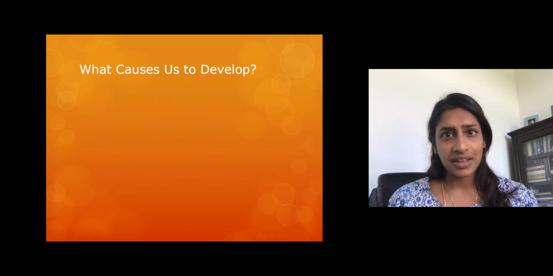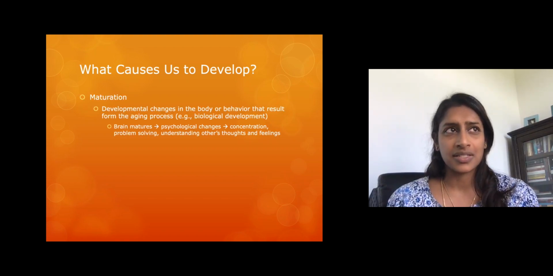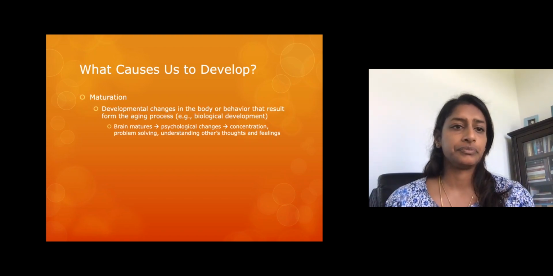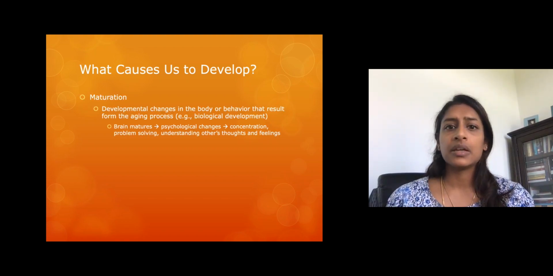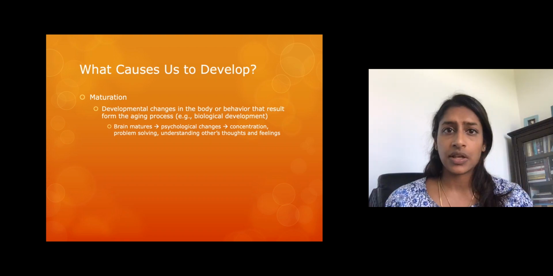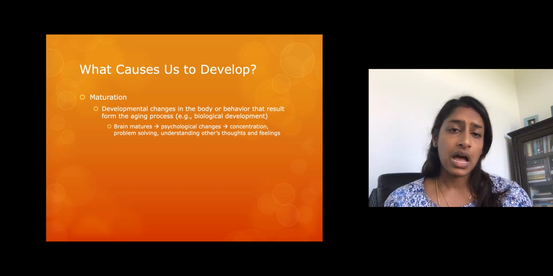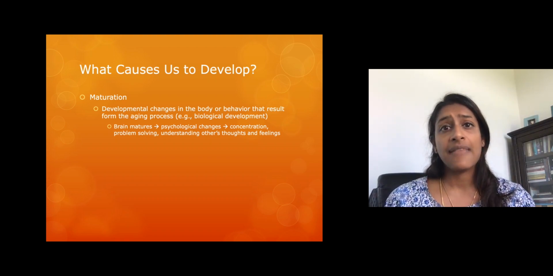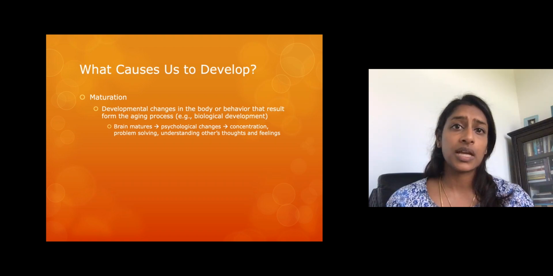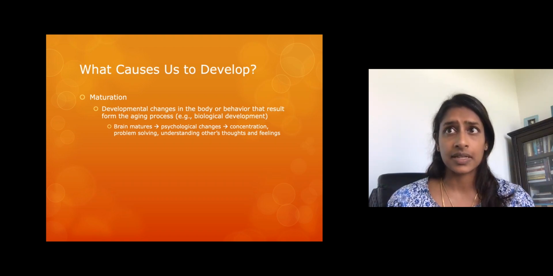So you may ask, what causes us to develop? One of the biggest things has to do with maturation. This is developmental changes that are happening in our body or in our behavior, and this occurs as a result of the aging process, specifically related to biological development.